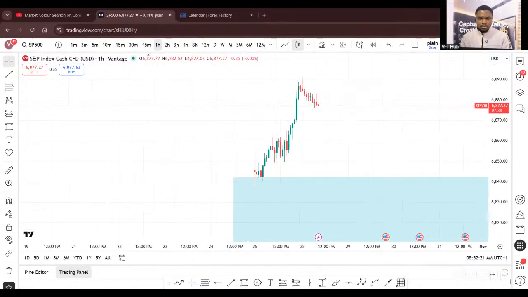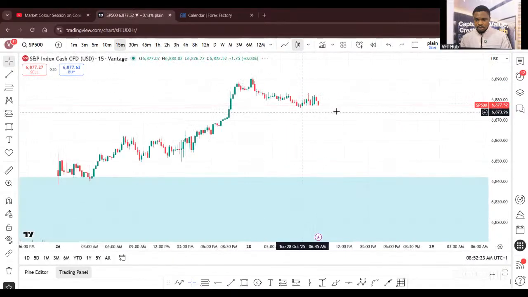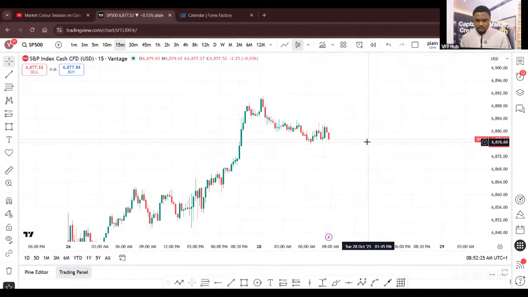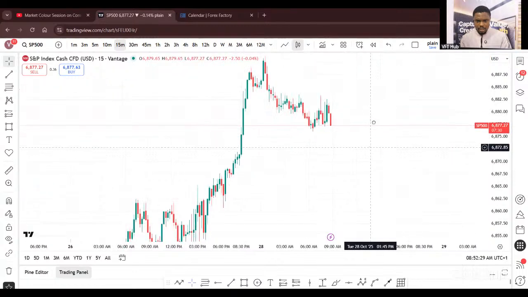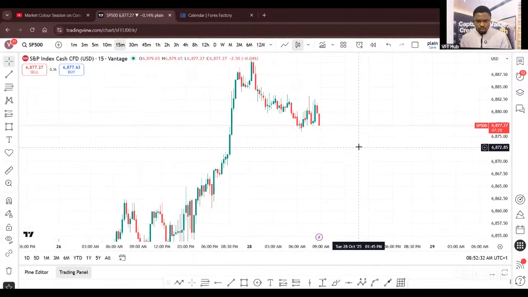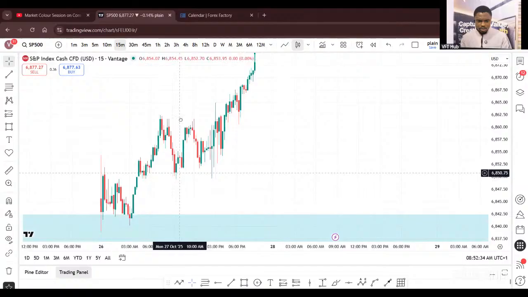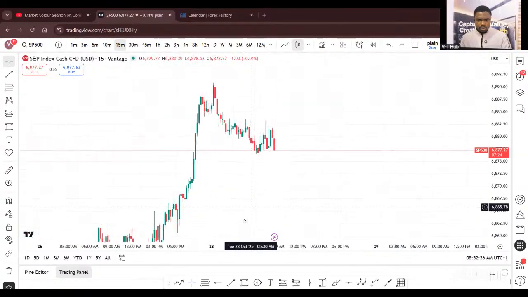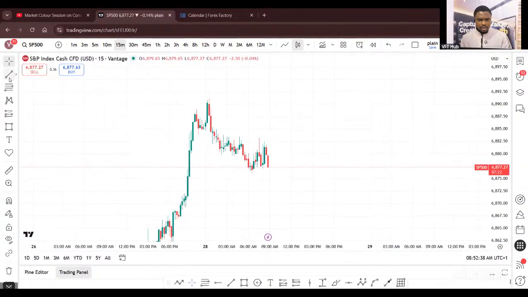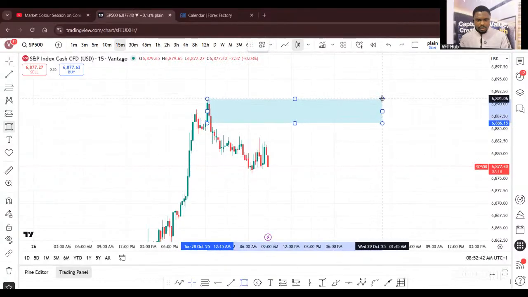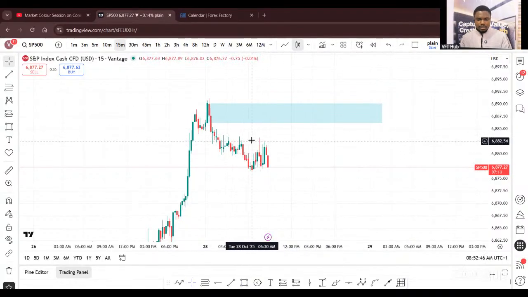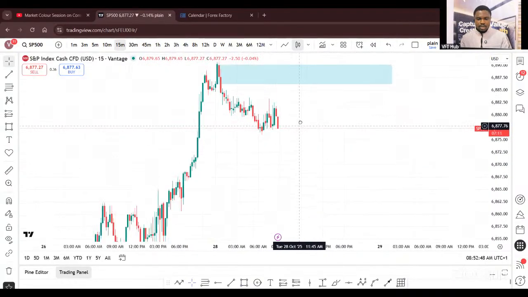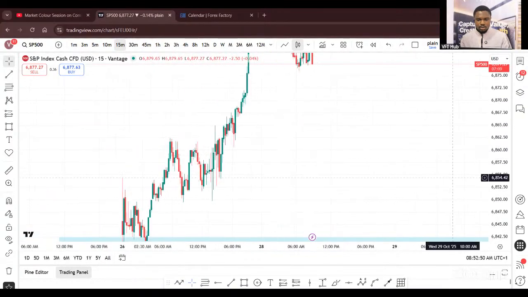But nonetheless, we'll be looking at the markets. Let me look at 15 minutes if there are levels we could enter from to sell the market into this zone. The only level I'm seeing here is this level here. Price using all of this as a form of inducement, tapping into this and then selling down into this zone.